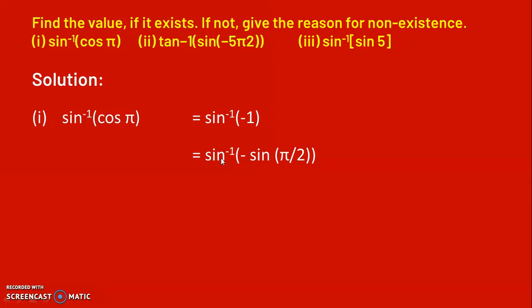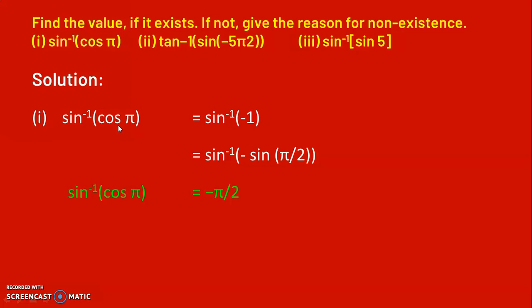So now here sine inverse is there, and here sine is there. Therefore we can cancel these sine inverse and sine, so that your answer will be minus pi by 2 only. That is, first we have converted both of these trigonometric functions into a single trigonometric function, that is, sine.